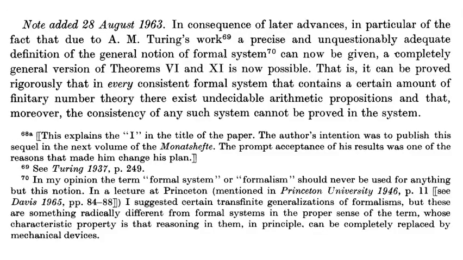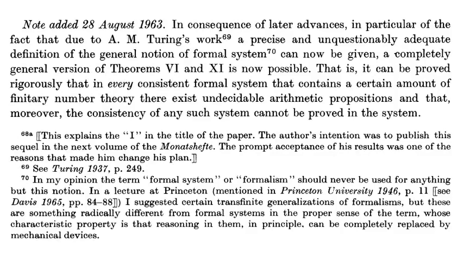That is, it can be proved rigorously that in every consistent formal system that contains a certain amount of finitary number theory, there exist undecidable arithmetic propositions, and that, moreover, the consistency of any such system cannot be proved in the system."